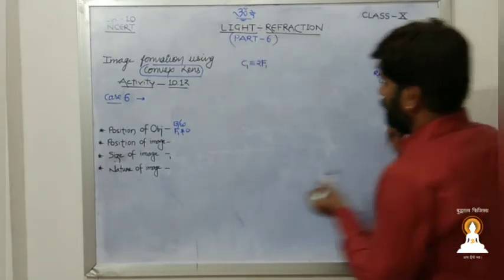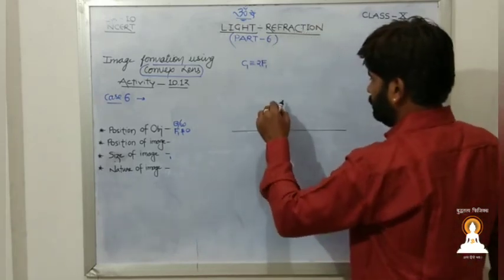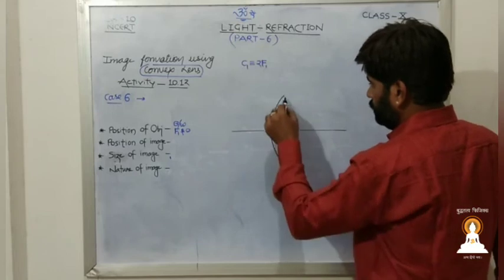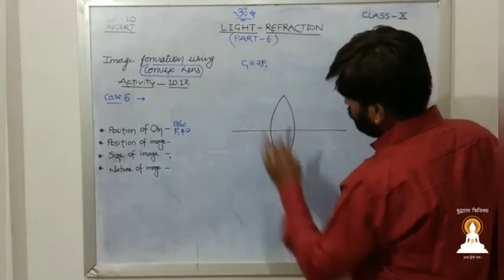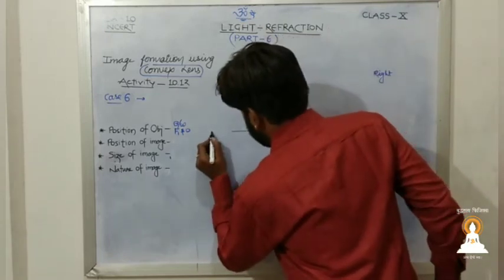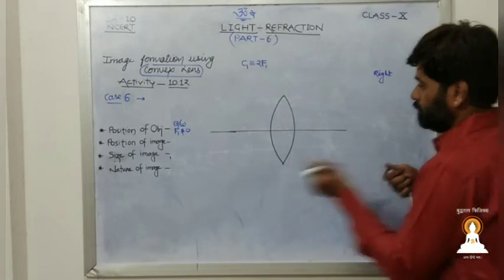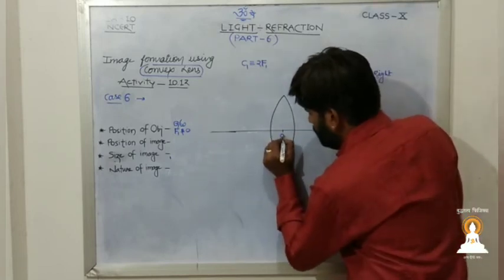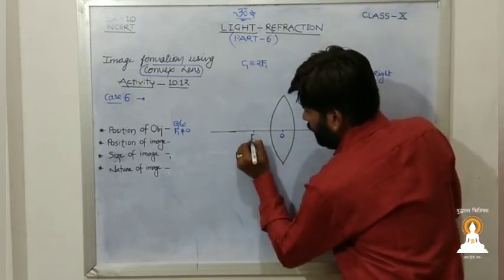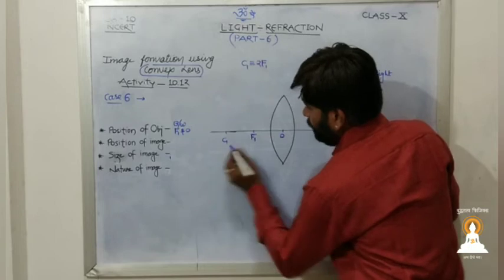Okay, let us draw the diagram. This time we don't have any work with c1, so this is o, this is f1, and at equal distance this is c1.